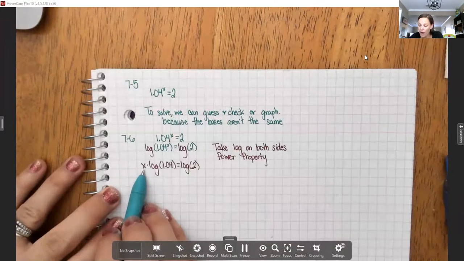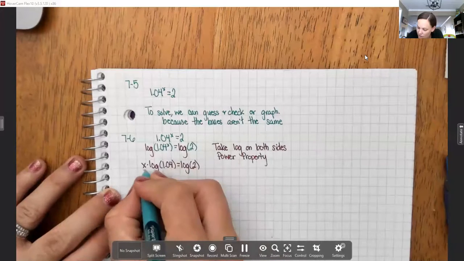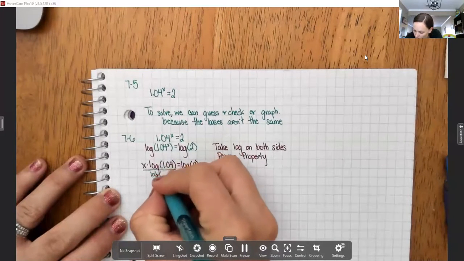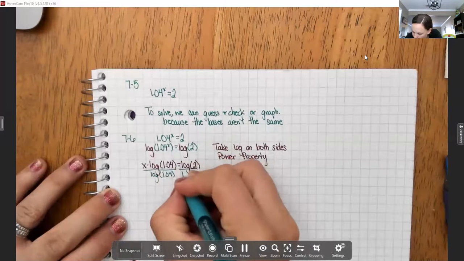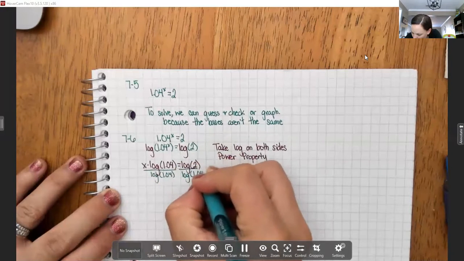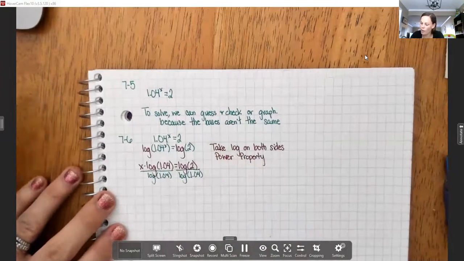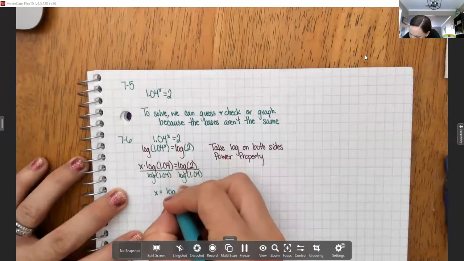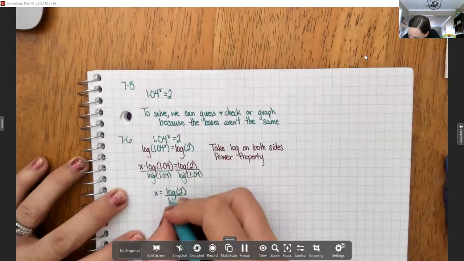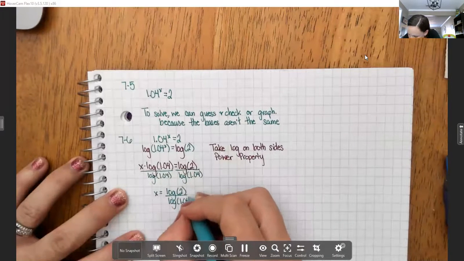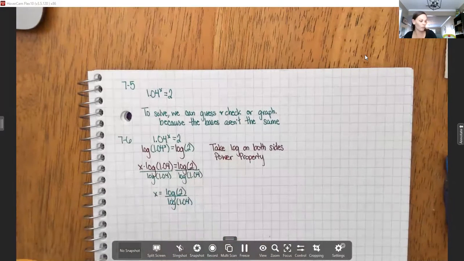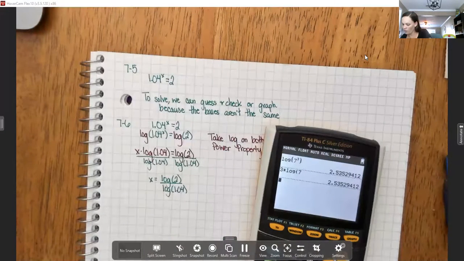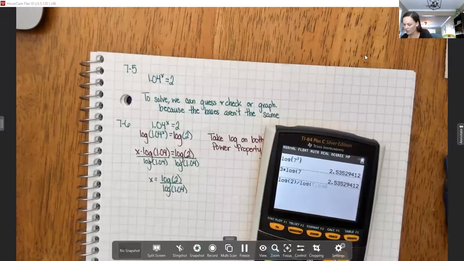If I'm trying to solve for x, and this is x times something, we would just divide both sides by log of 1.04. So x is equal to log of 2 divided by log of 1.04.